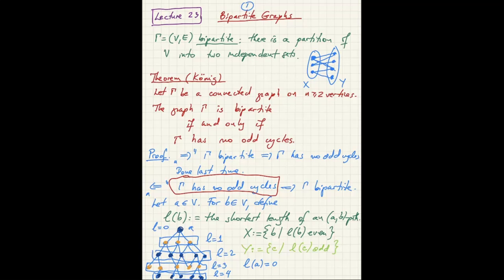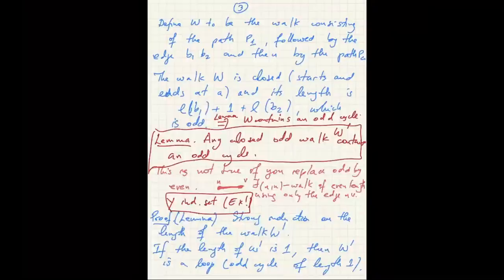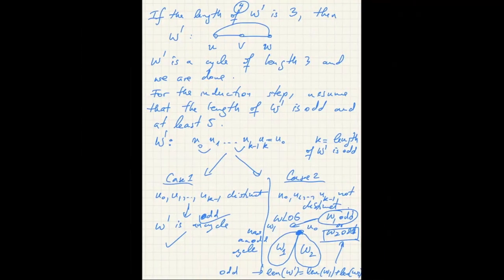And similarly, any edge inside Y will give you a closed odd walk, and that will lead to an odd cycle. But if you find no edges inside X and no edges inside Y, then the graph is bipartite and you're done. Now, I mentioned before about the connectivity hypothesis.